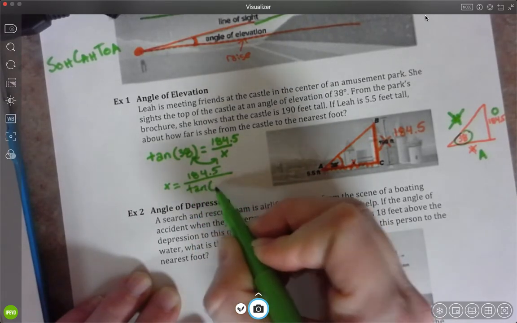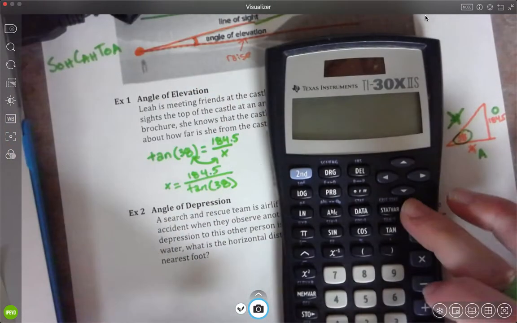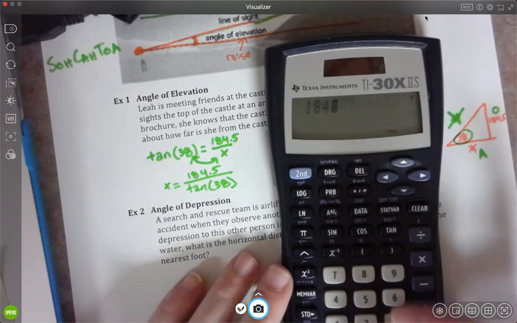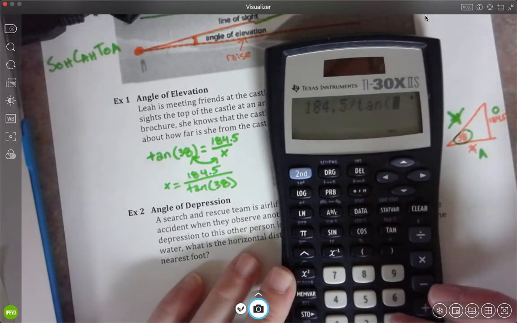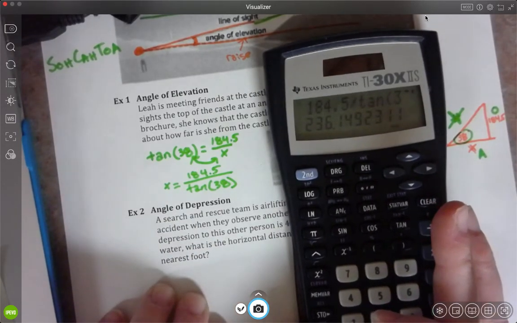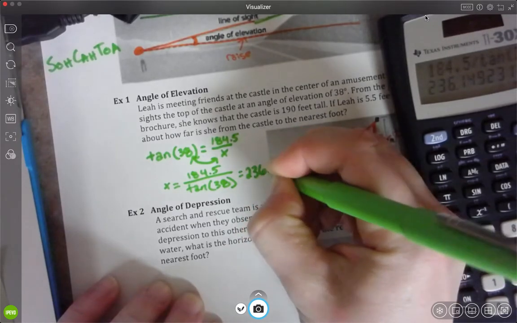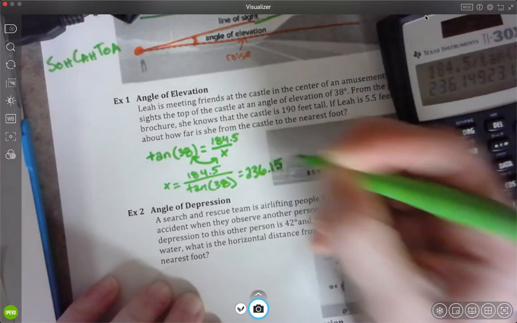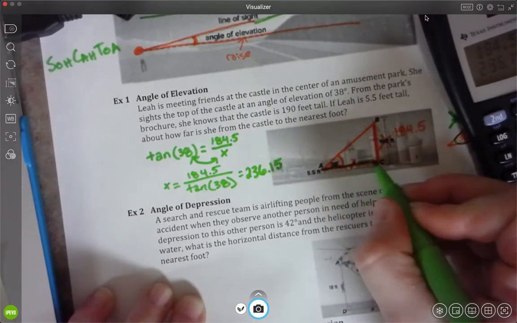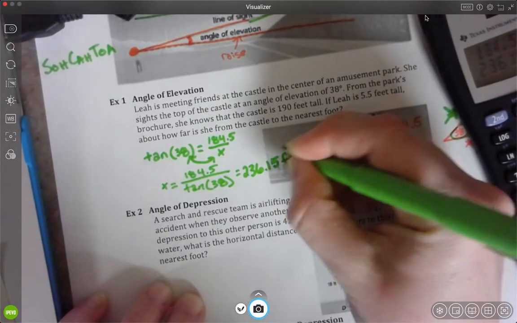And let's go ahead and plug that in. 184.5 divided by tangent 38. And I get 236.15. And that is going to be this horizontal distance here, which is in feet. Okay, and there we have it.